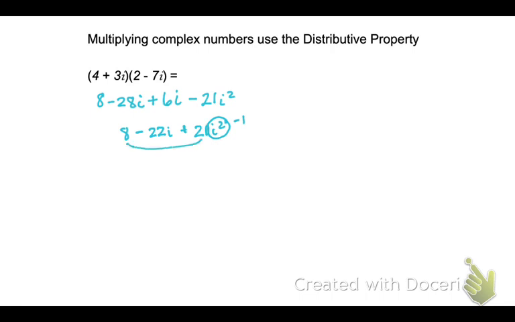So then I can combine it with 8. So I get 29 minus 22i. What's wrong, Jane? How'd you get 29? Oh, because you added those two. Yes.